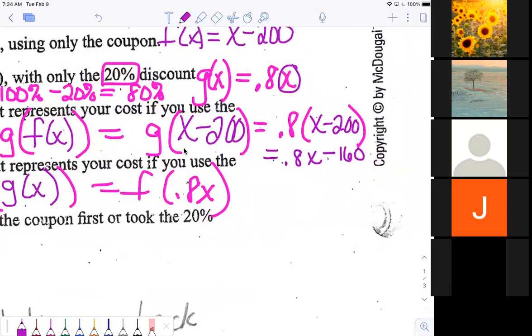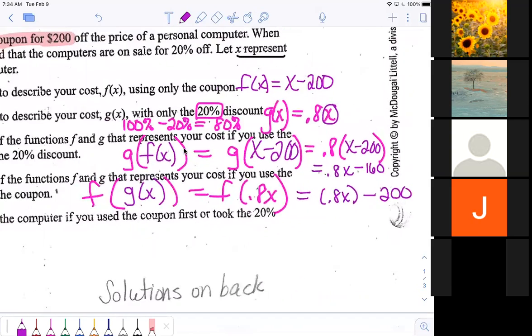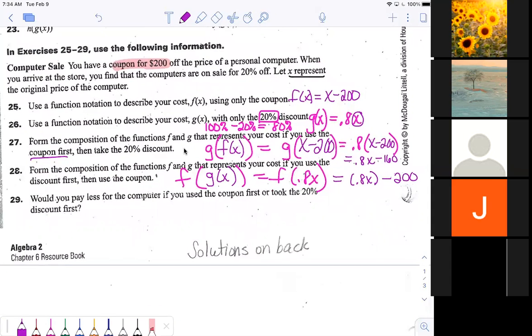And then if I apply that to x, I would have 0.8x and then minus 200. So there I'm multiplying my cost by the discount first, the 20% off, and then I'm subtracting $200. Are there questions?